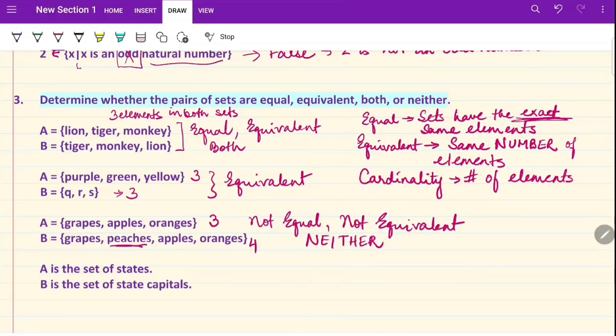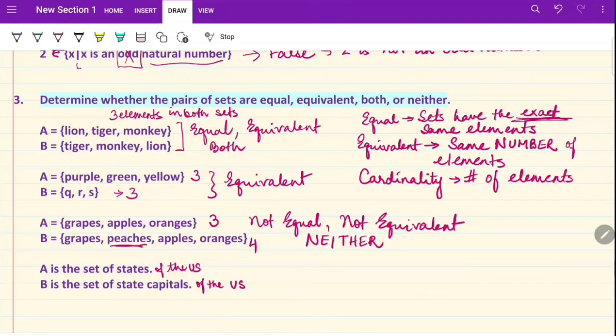And then finally we have A is the set of states. So A is a set of all the states of the countries. We should have specified of the US. Let's add that. A is the set of the states of the USA. And B is the set of state capitals of the US. So given that, the names of the states and the names of the state capitals would be different, correct?